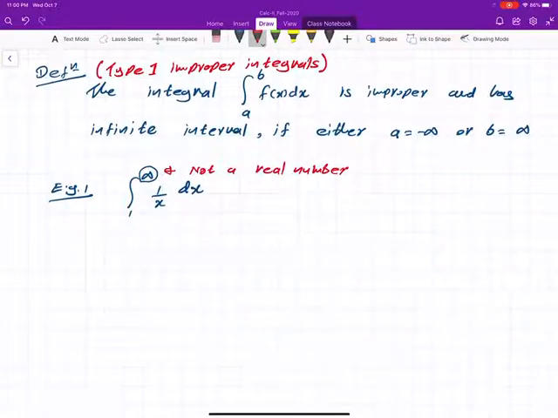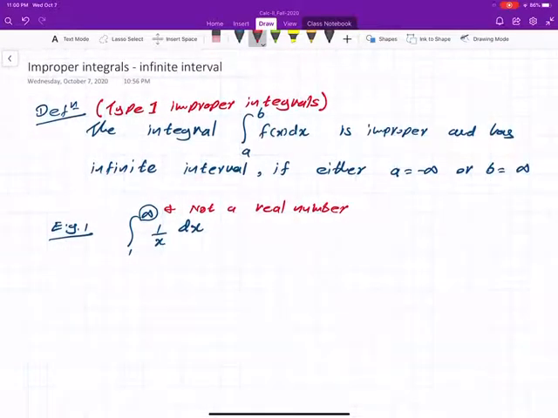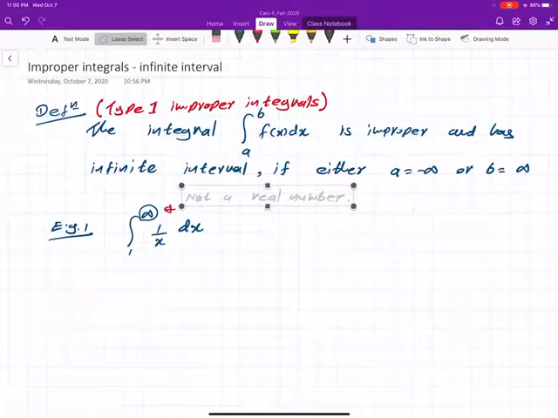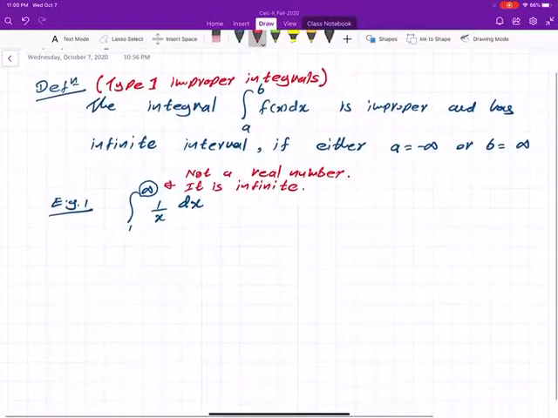So this is called an improper integral where you have infinite intervals. This is not a real number, so this is infinite.